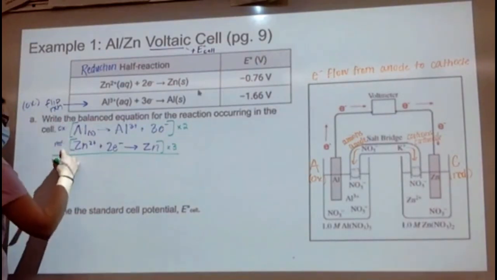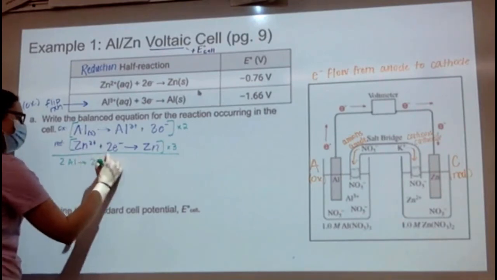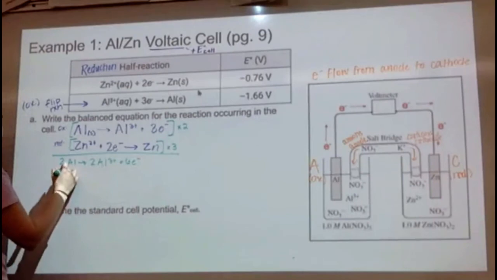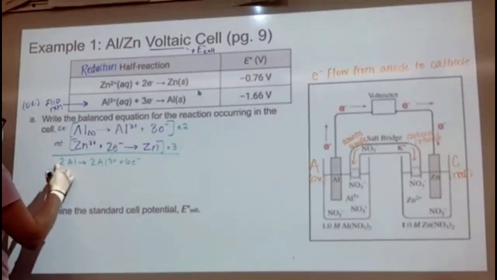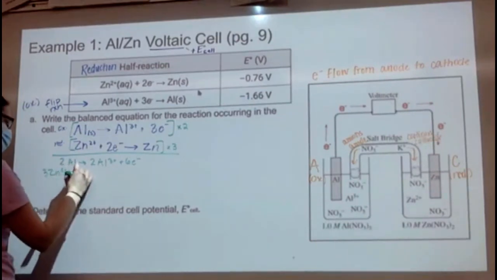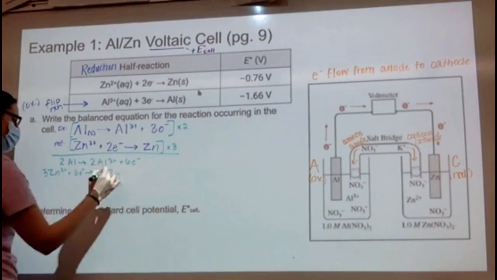So if I write this out, I'm going to have 2Al yields 2Al3+ plus 6 electrons. And then for the reduction, I'm going to have 3Zn2+ plus 6 electrons yields 3Zn.